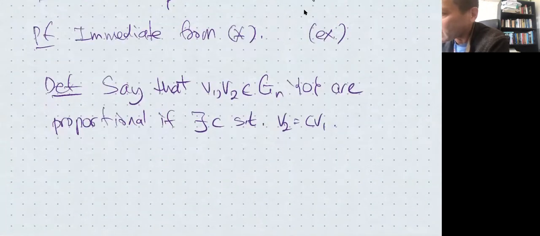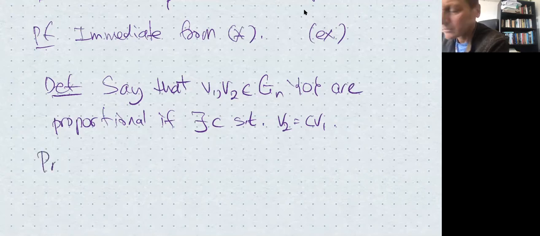If this happens, then because they're non-zero, c is necessarily non-zero, and then this relation is symmetric in v1 and v2.